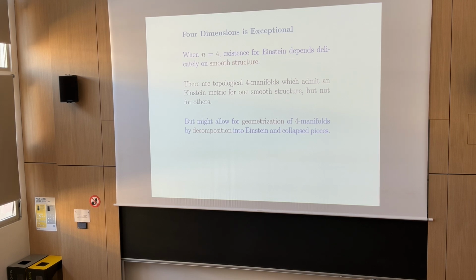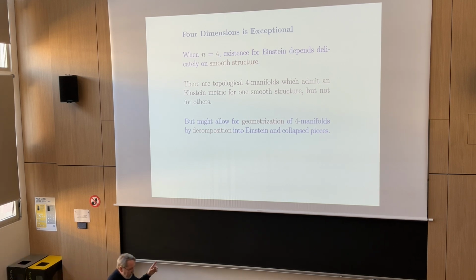And so, in dimension 4, most four-manifolds will turn out not to have Einstein metrics, but the kind of theorems we'll be discussing in this course don't preclude the possibility that maybe you can break up a four-manifold into pieces which have Einstein metrics, and then by some standard gluing method, you could assemble a more complicated manifold.